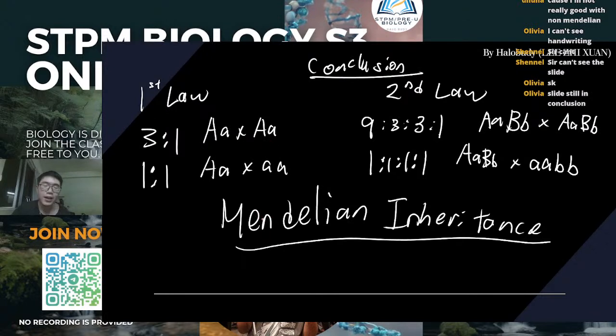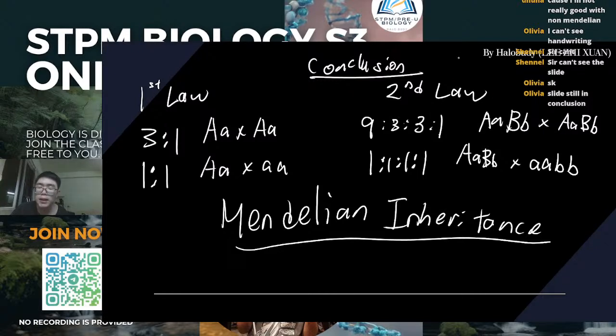And then when they do the self-cross for this pink color, they will get this result: one red, two pink, and one white. Actually, if you follow Mendel, you will get the result of 3 to 1, right? Mendel's 3 is dominant and 1 is recessive.